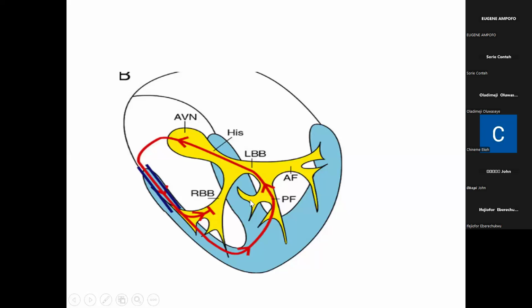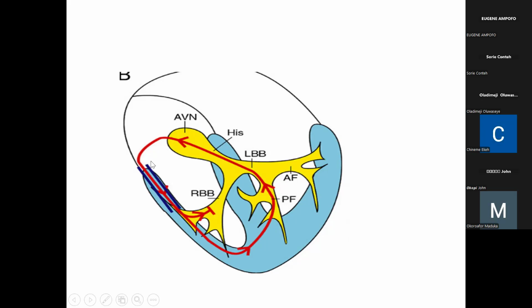Now one important thing we should note about this is that, depending on the direction of conduction, first, it must form a circuit, as we are seeing on this diagram. It can conduct through the aberrant pathway from the atrium to the ventricle and conduct back using the normal conducting tissue of the heart, which is the His bundle and the AV node. And the atrial tissue will conduct it back to the aberrant tract, and the circuit would continue.